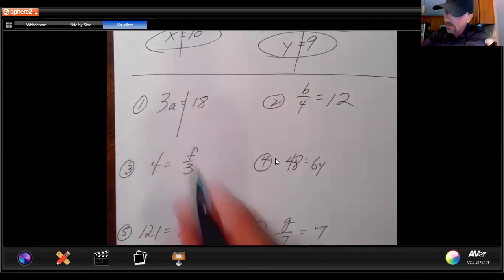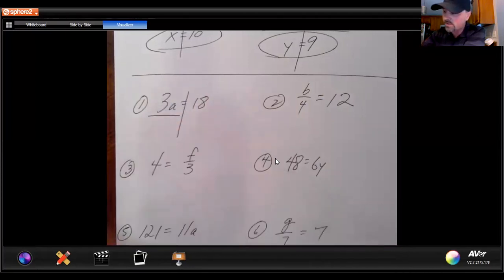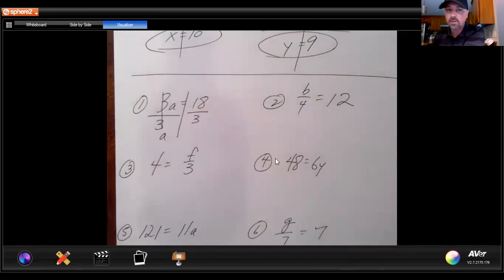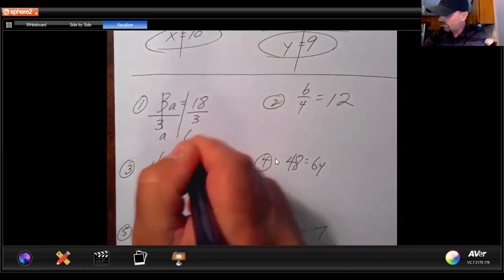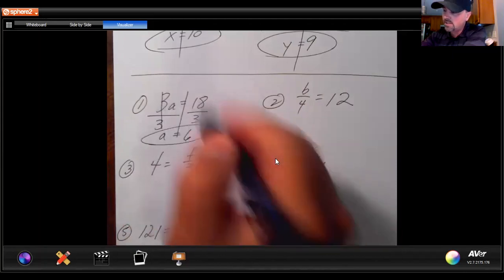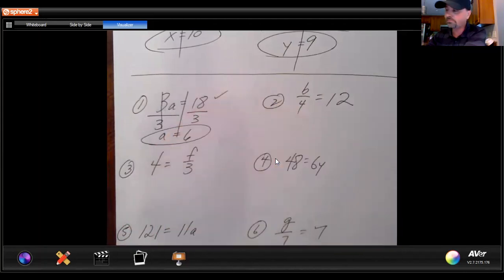So we see multiply, which means we divide by what we see. 3 divided by 3 is 1a, a single a. Keep it balanced. Divide by 3, do it to the other side. 18 divided by 3 is 6. All right, plug it in. 3 times 6 equals 18. I know I got it correct.